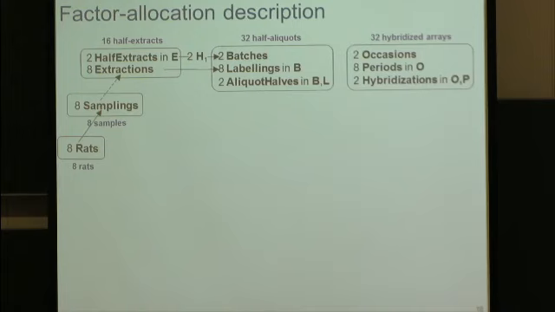I then want to produce my 32 hybridised arrays, and I said I'd follow the same sort of batching as I had in the 32 aliquots. To do that I need to divide the production of those arrays into 2 occasions during which I have 8 periods during which I do 2 hybridisations.